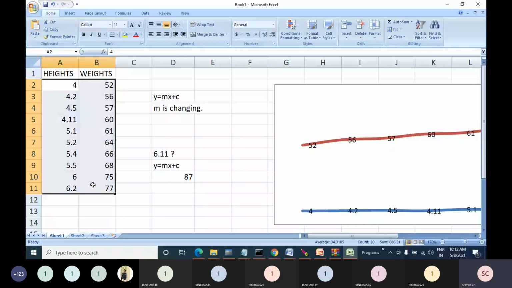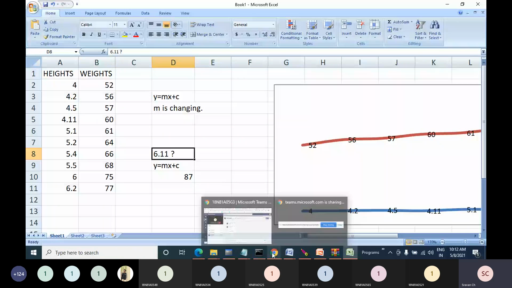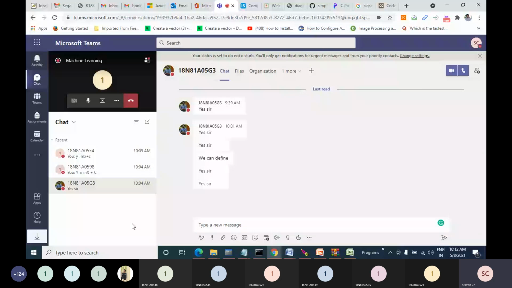Till this point, is it clear? Because the next topic is very important, because from this topic a lot of questions will come. Till this point, is it clear to everyone? Height and weight example.